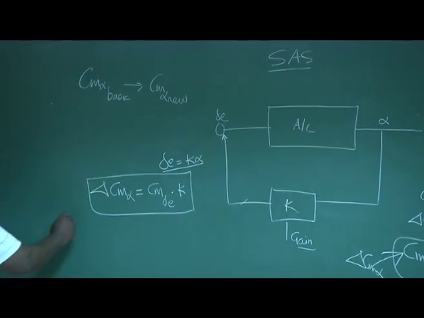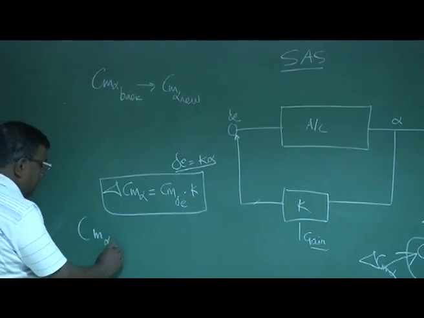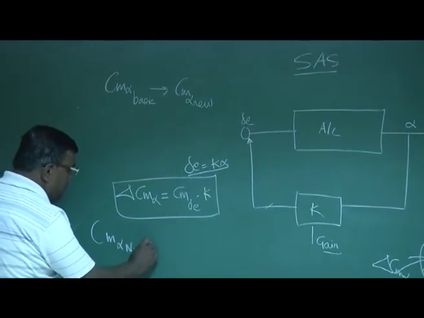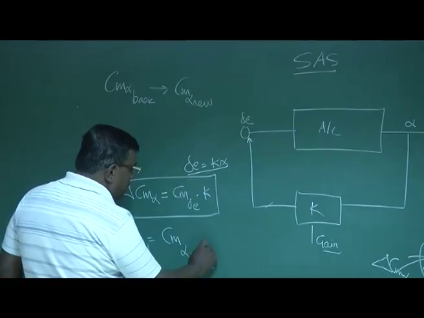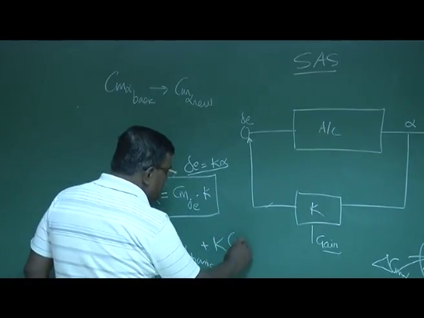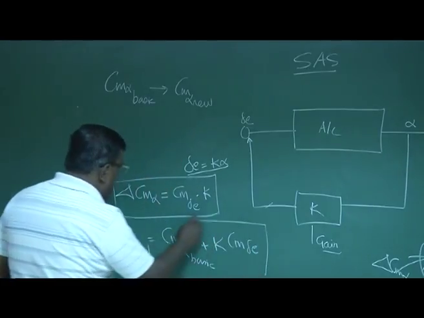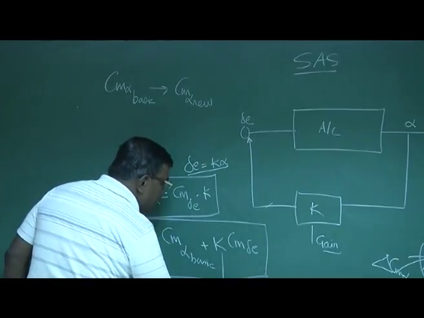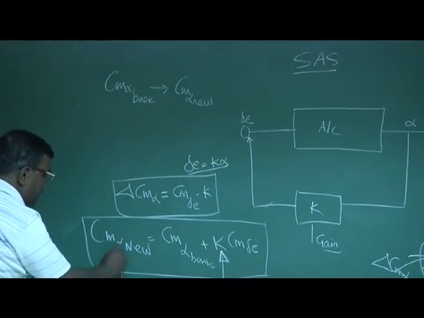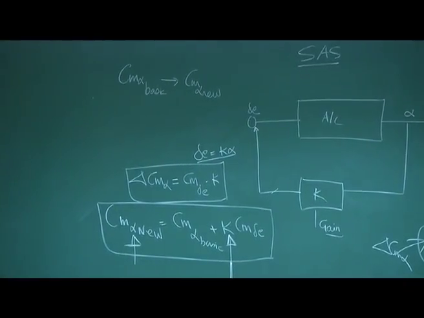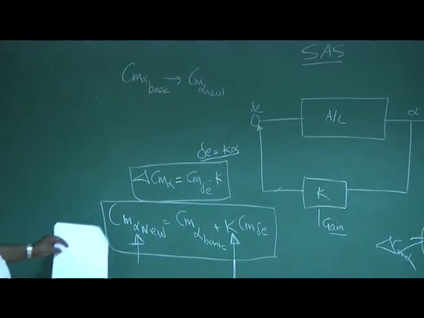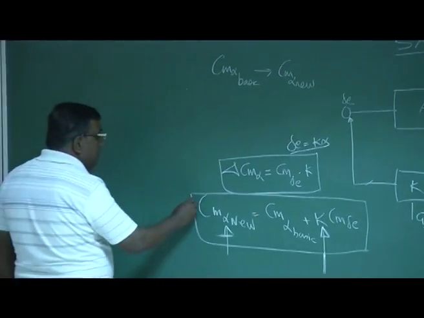So Cm alpha new, whatever you want, should be equal to Cm alpha basic, which is available, plus K into Cm delta E. We have to choose the value of K so that we get Cm alpha new, whatever we desire. This is one way we are augmenting the Cm alpha. What happens if I augment Cm alpha?